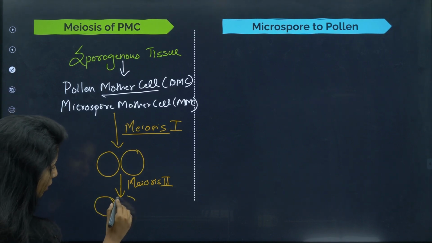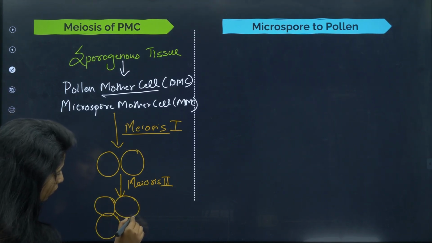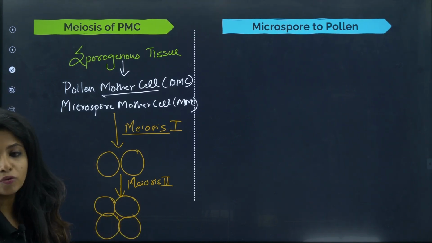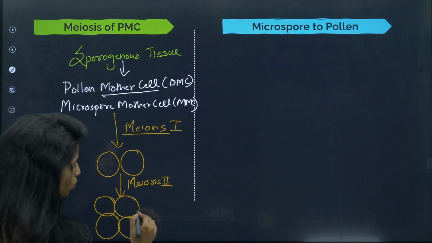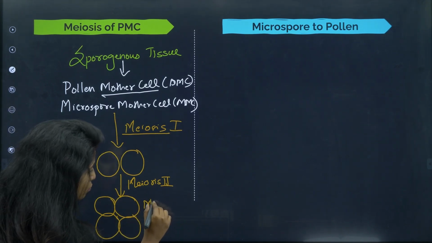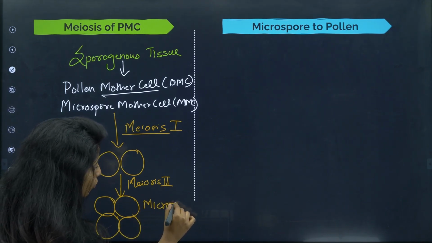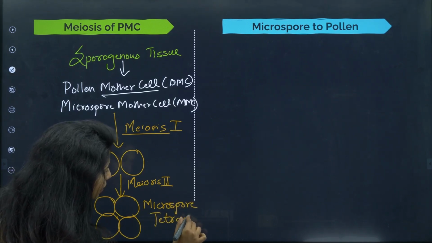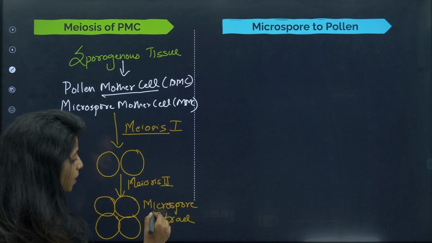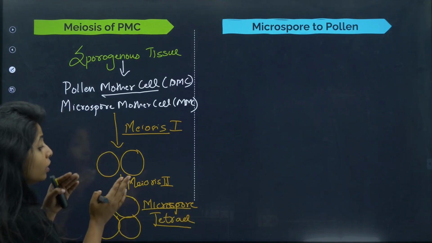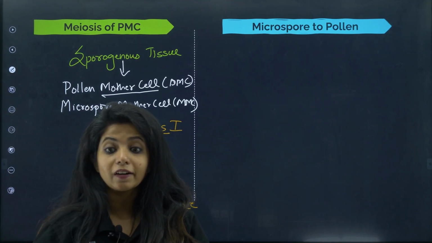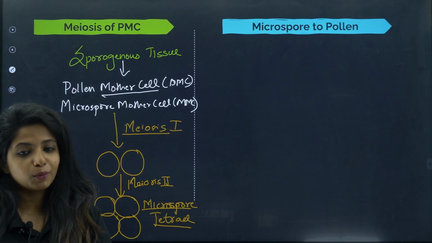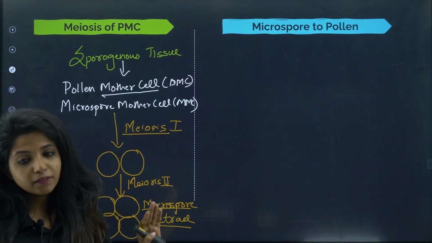So, basically, what do we have, children? We have 4 microspores over here. These 4 microspores, what do you call it? Microspore tetrad. Now, these microspores will be the ones responsible for the formation of pollens. I know you want to kill me, but it works like that only.